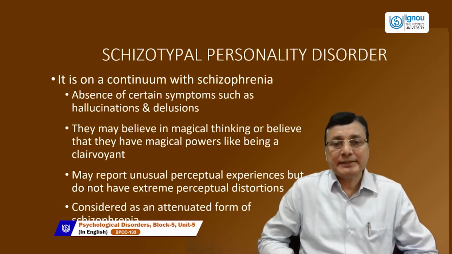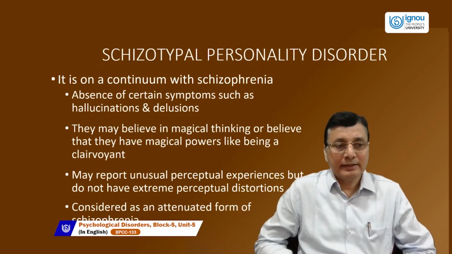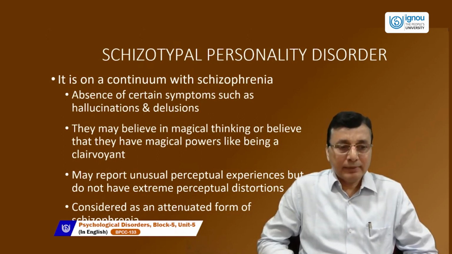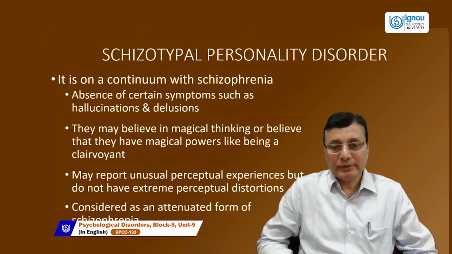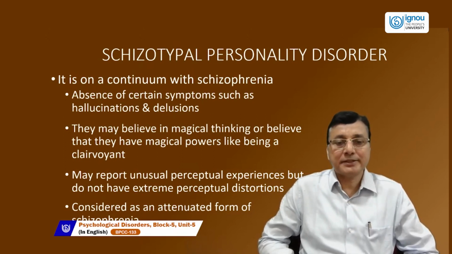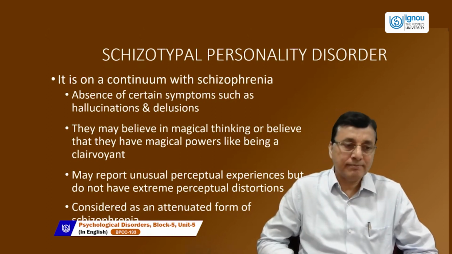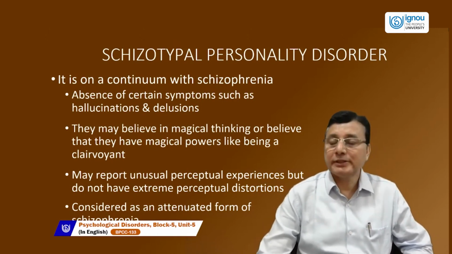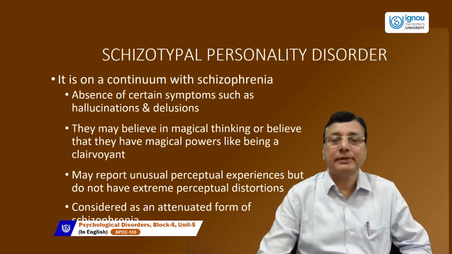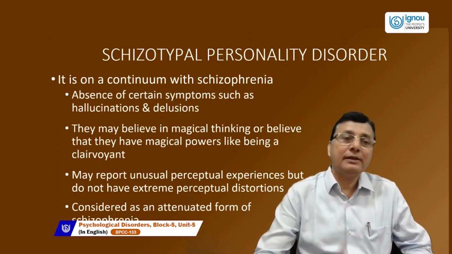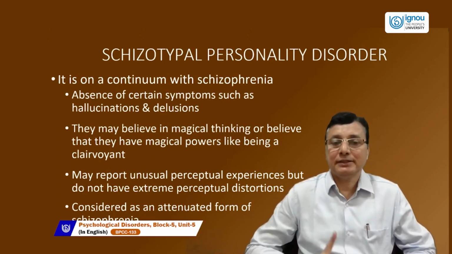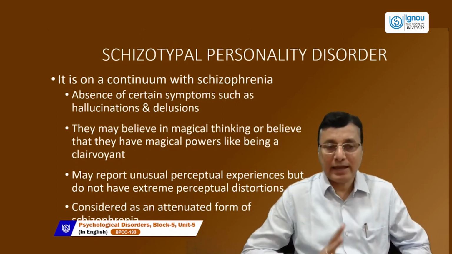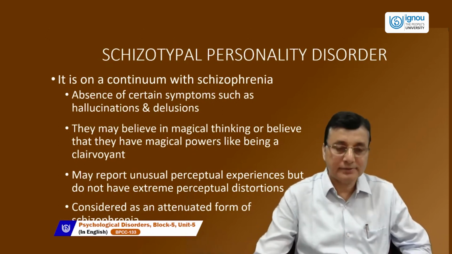They may believe in magical thinking or believe that they have magical powers like being a clairvoyant, and may report unusual perceptual experiences but do not have extreme perceptual distortions, and it is considered an attenuated form of schizophrenia. So it's very difficult to differentiate between schizophrenia, schizotypal personality disorder, schizoid personality disorder, and paranoid personality disorder.